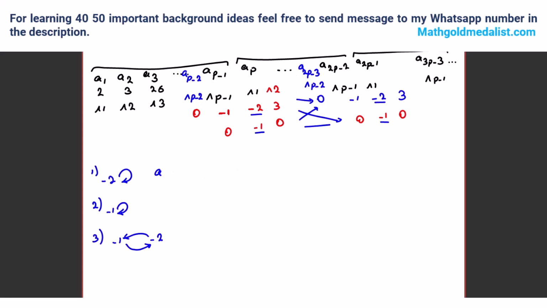A p minus 1 times z plus p minus 2, okay? It is equal to what? It is equal to a times p minus 1 times z plus p minus 3 to the power of p minus 1 z plus p minus 2 minus 1.